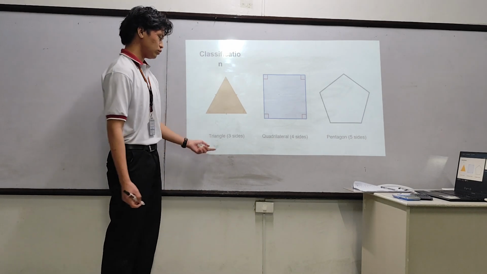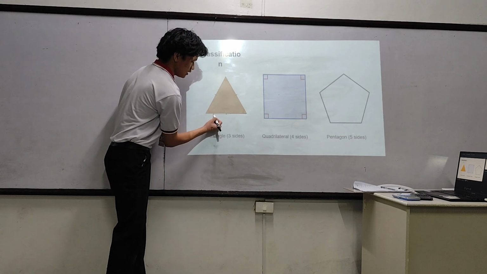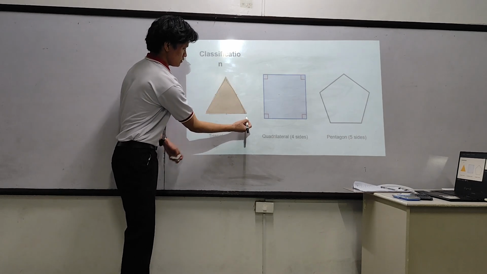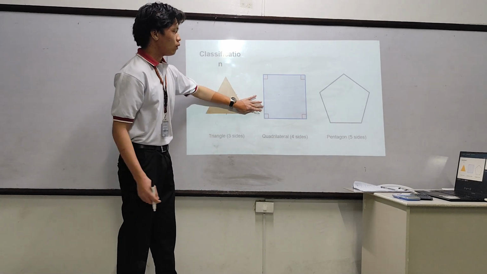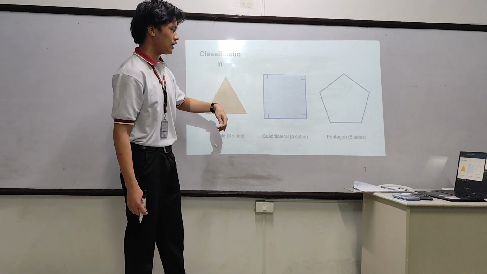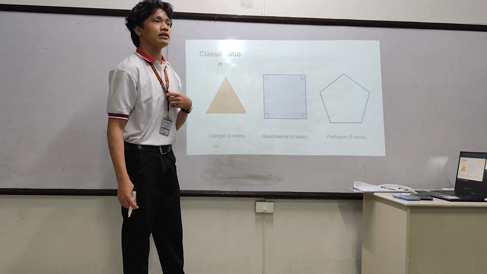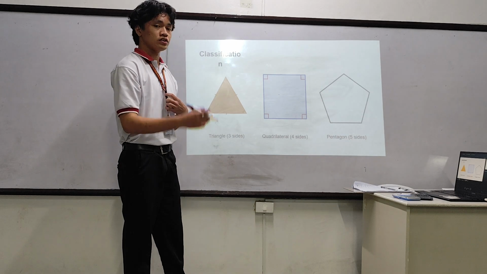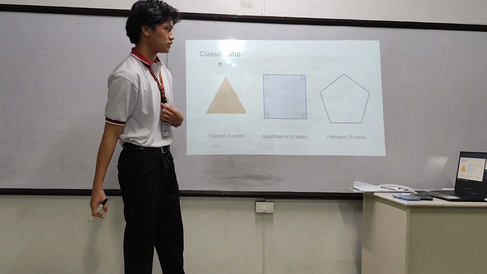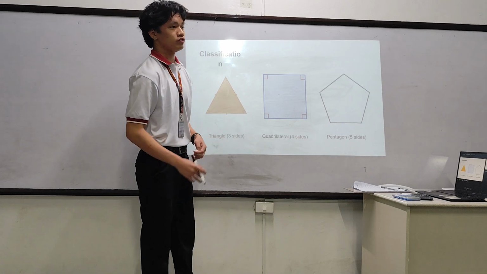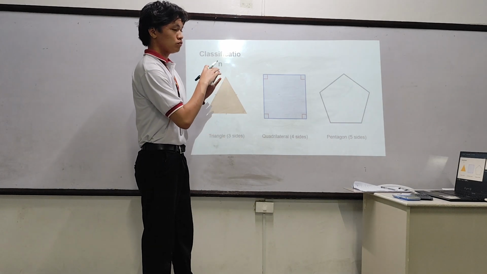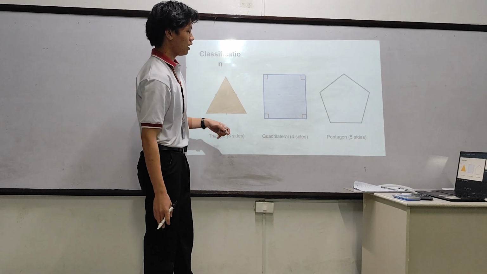First, we have the triangle, which has 3 sides. We also have the quadrilateral. A quadrilateral has 4 sides and its interior angles add up to 360 degrees. One of the examples is the square, which has 4 equal sides.